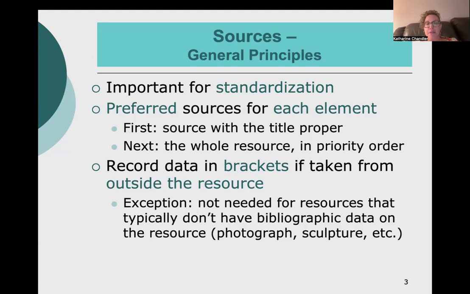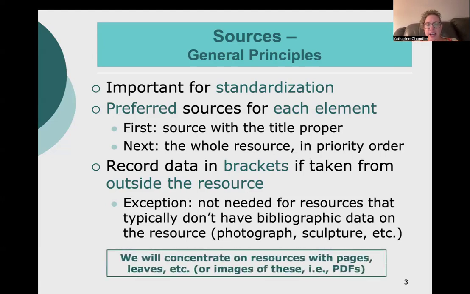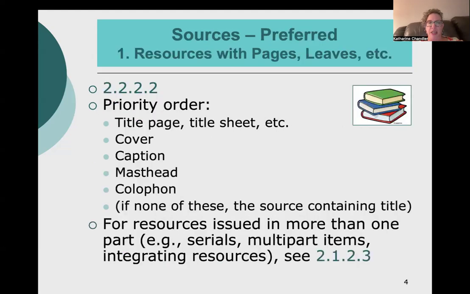The exception would be for resources that typically don't have bibliographic data on the resource, like a photograph or archival sources, or sculpture, etc. And we'll concentrate on resources with pages, leaves, etc., or images of these, for example PDFs. So preferred sources are sources with pages or leaves, etc.